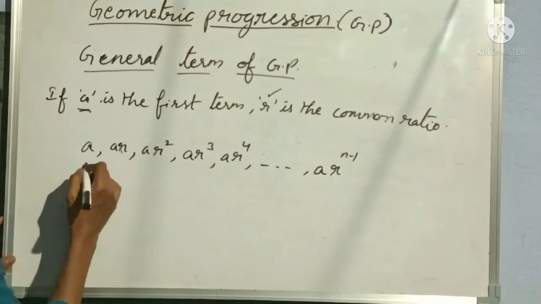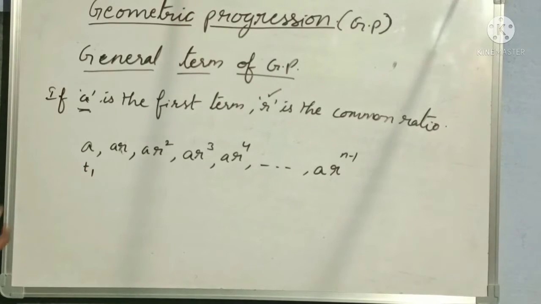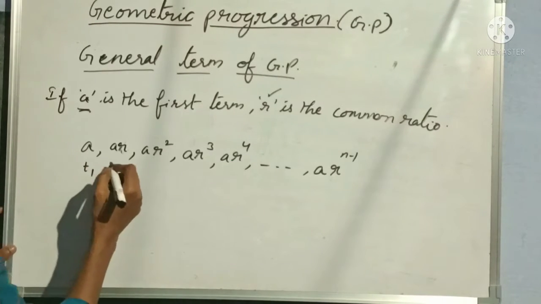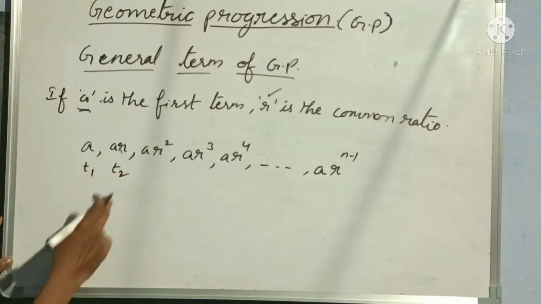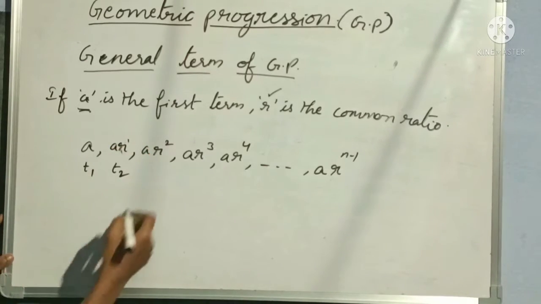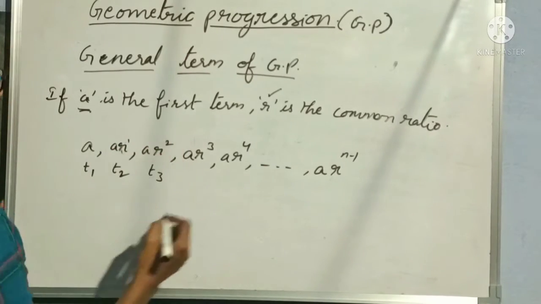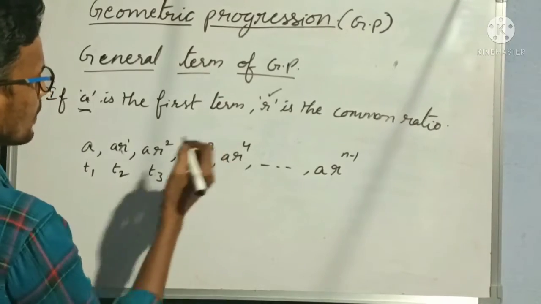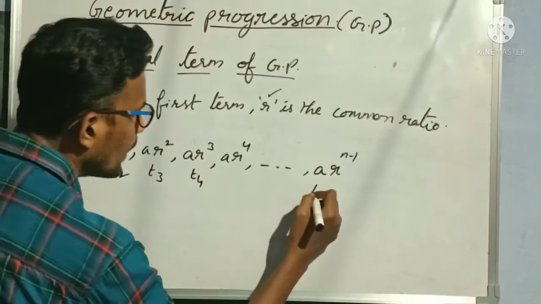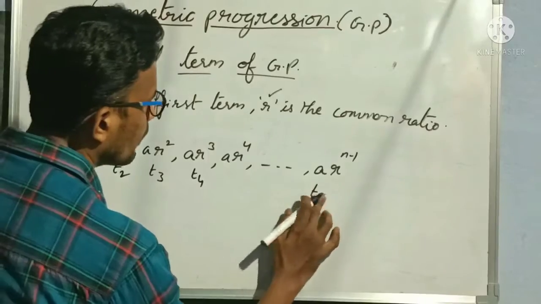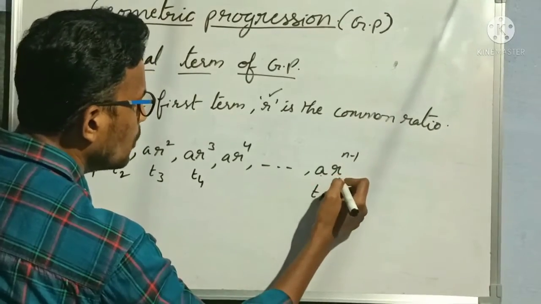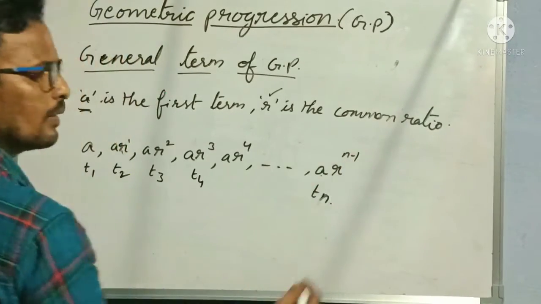Why? See here, in term 1 I don't have any common ratio r value. In T2 I have r power 1. In T3 I have r power 2. In T4 I have r power 3. Which means if I take Tn, then this will be a into r power n minus 1.